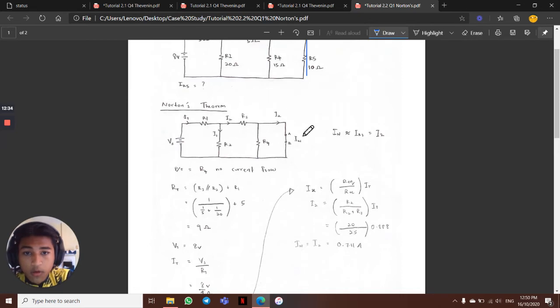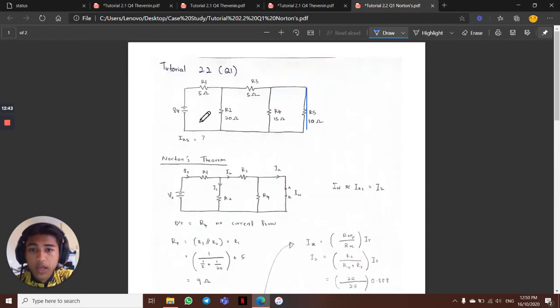So what we have to do now, we have to draw the circuit. As we can see, the question asks for the current at R5.